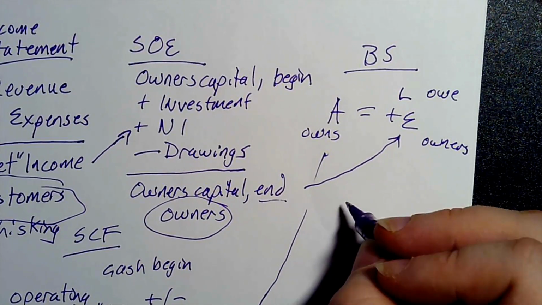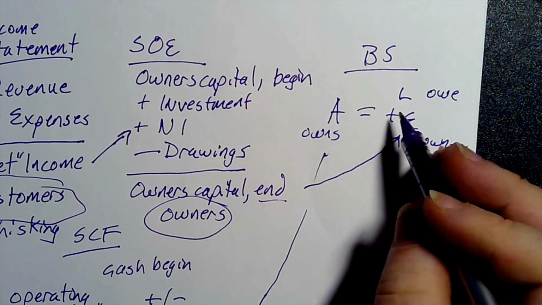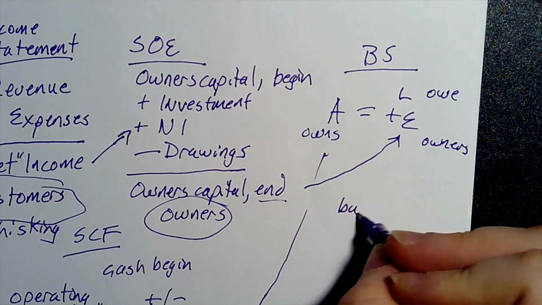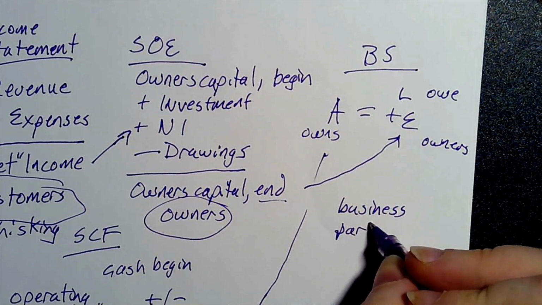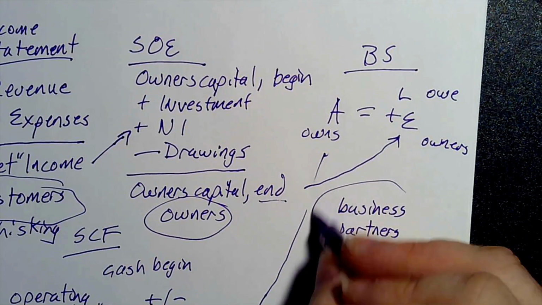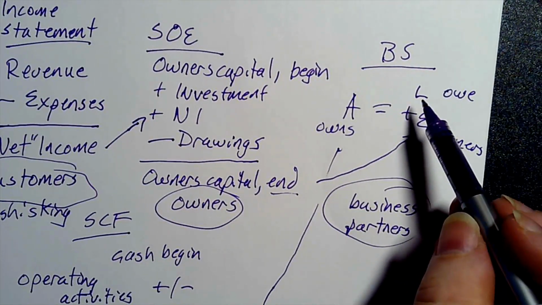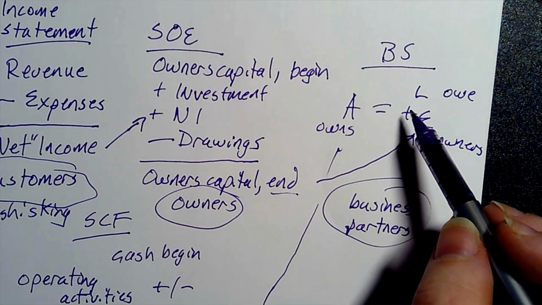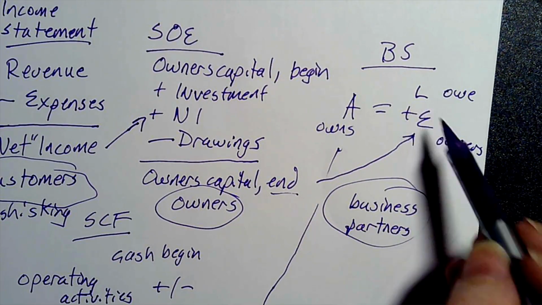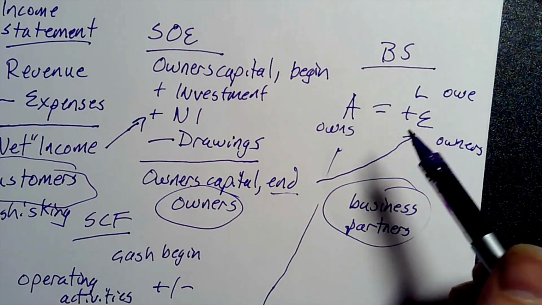So we could say, or at least I do, that the balance sheet tells us a lot about what we need to know about our dealings with our business partners, right? So it could be, we owe wages to our employees. We bought stuff from a vendor and we haven't paid them yet. That would be a liability. We have a bank loan. That would be a liability.